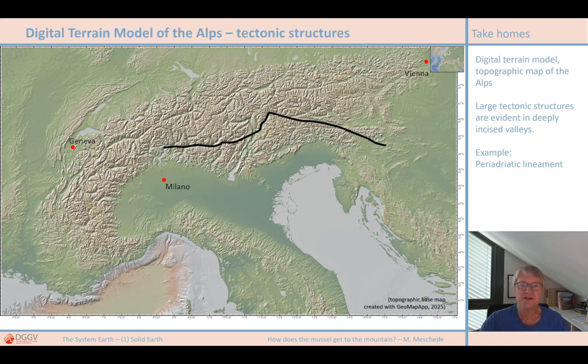This line has a tectonic origin, and it is here that we find the seam between the two continental plates that collided. This is called a suture, which comes from the Latin word sutura, meaning seam. Accordingly, this line is also known as the periadriatic suture or periadriatic lineament.